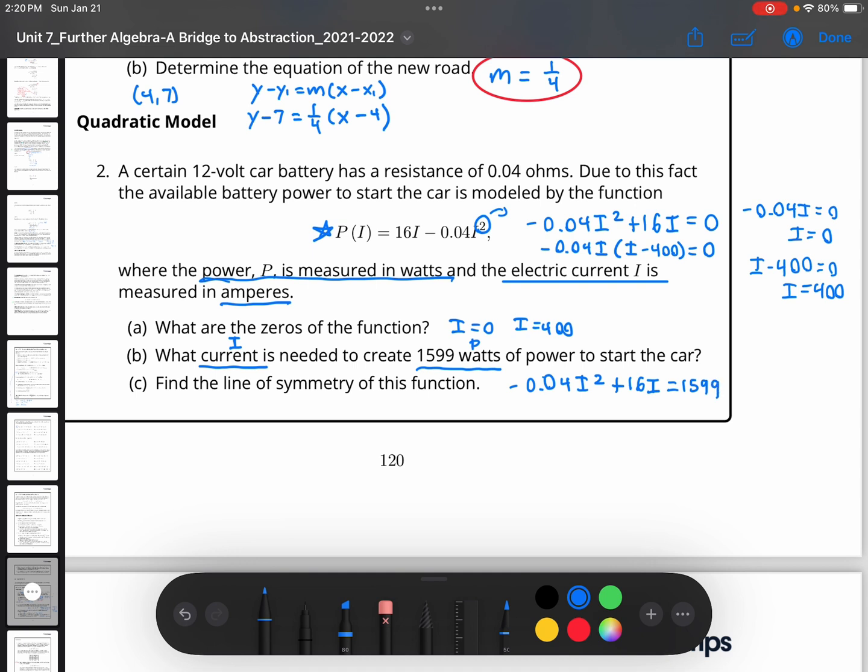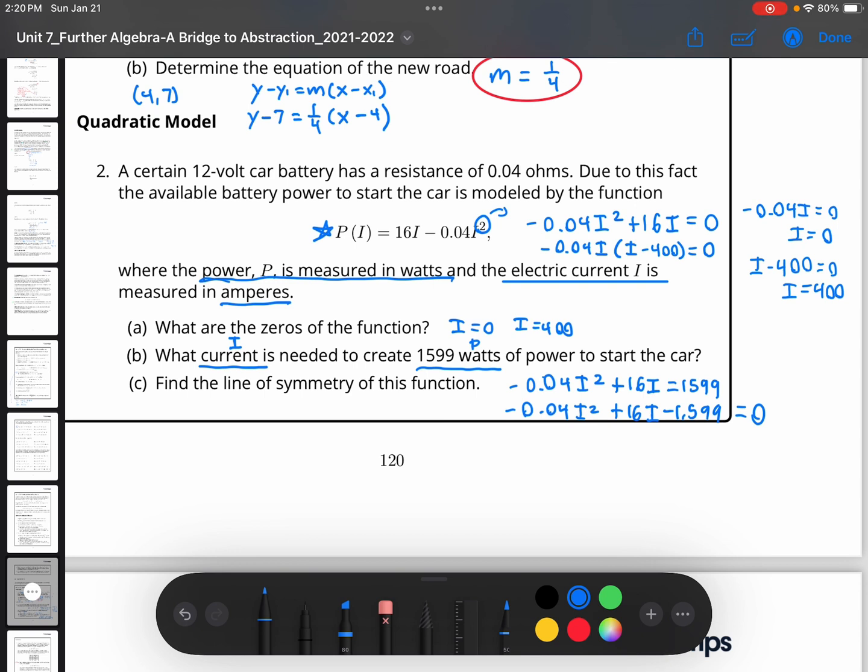So what I'm solving for here is i. Now, anytime you're solving a quadratic function, the first thing you must do is set it equal to 0. And by that, I mean I am going to subtract 1,599 from both sides. And when I subtract that from both sides, I get that equal to 0.